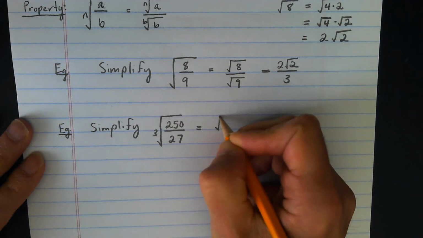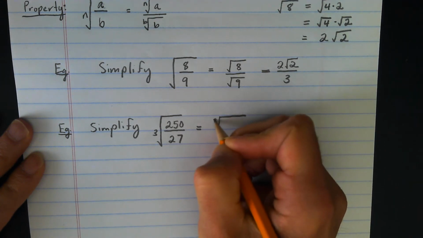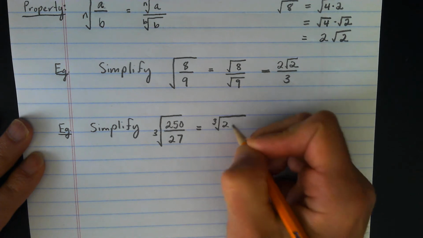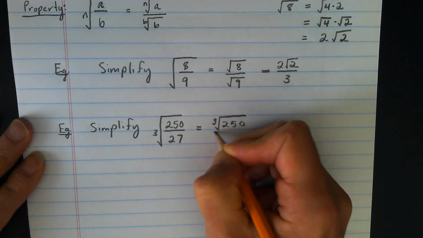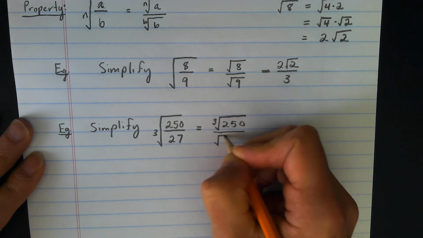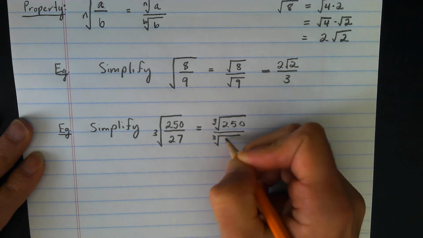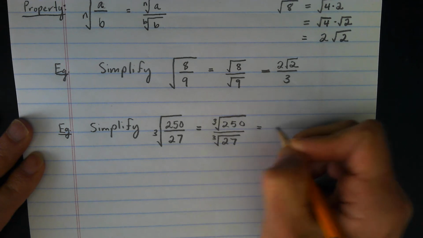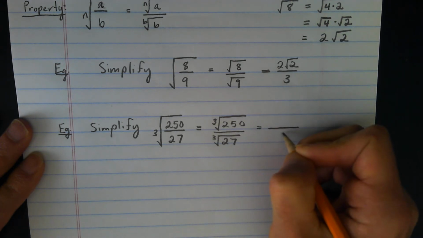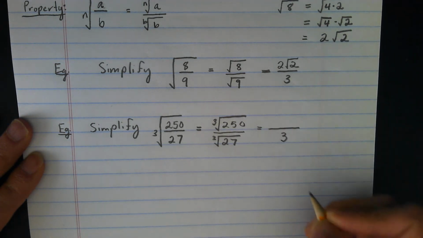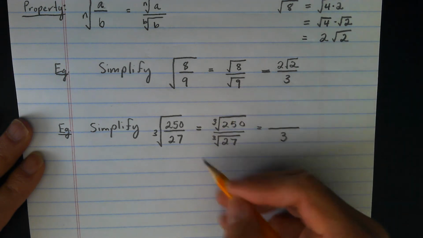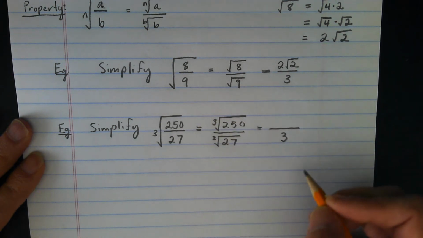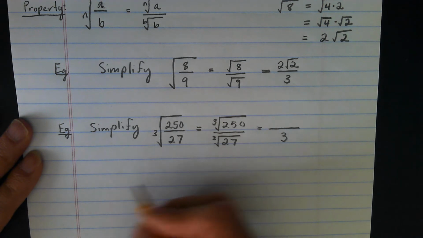So this is equal to the cube root of 250 over the cube root of 27, and then from there, obviously the cube root of 27 is just 3. And then for the cube root of 250, I'm just going to do it off to the side here, maybe just down below here.